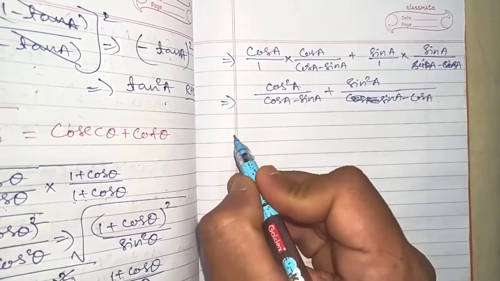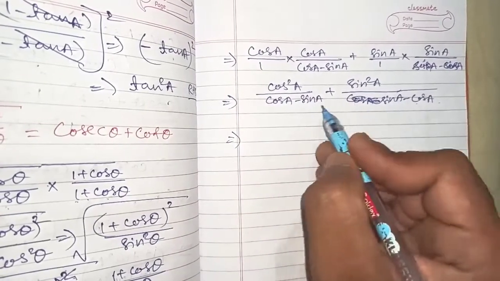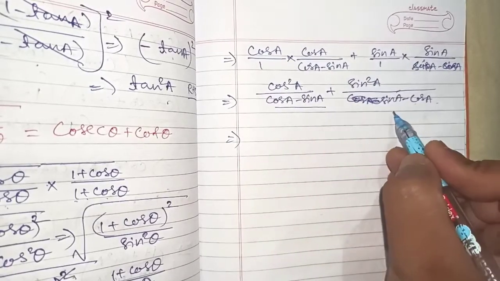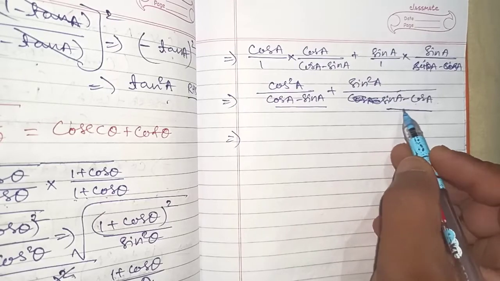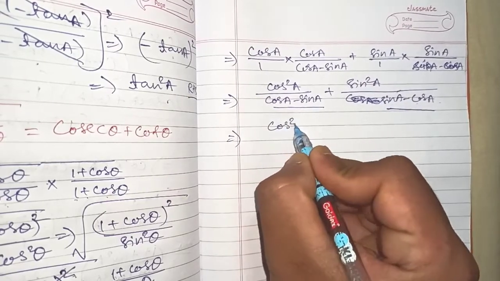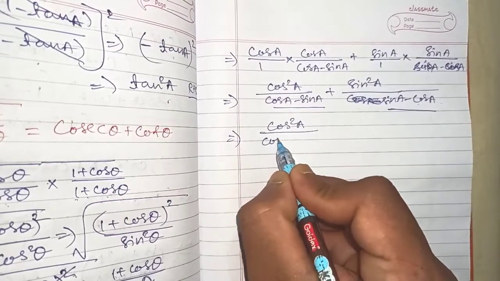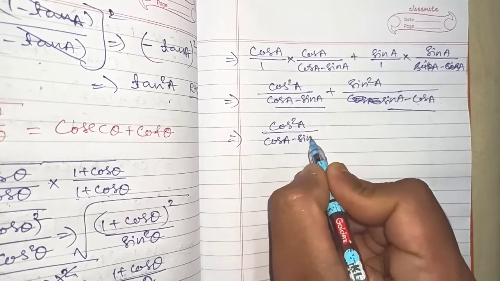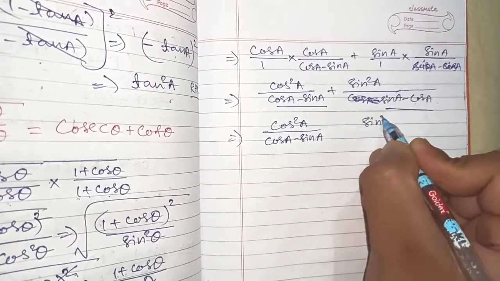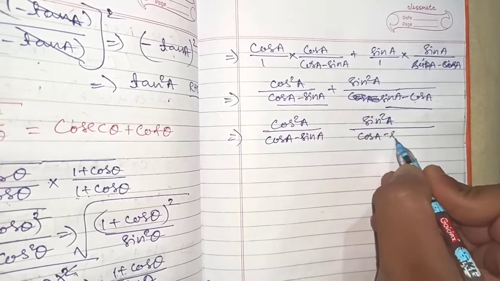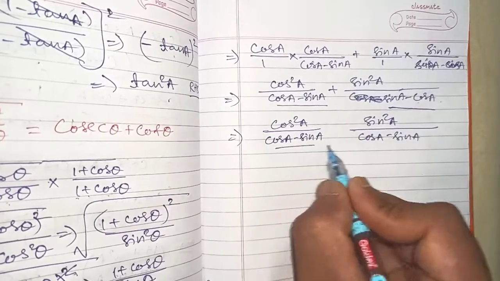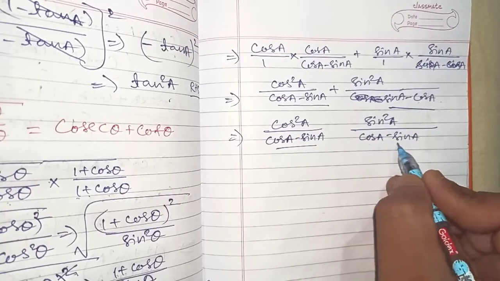Now you see the denominators. Here cos a minus sin a is there, here sin a minus cos a is there. Terms are the same but with opposite sign. So we will arrange it in the same manner: cos a minus sin a, and for sin square a also we arrange cos a minus sin a according to this.